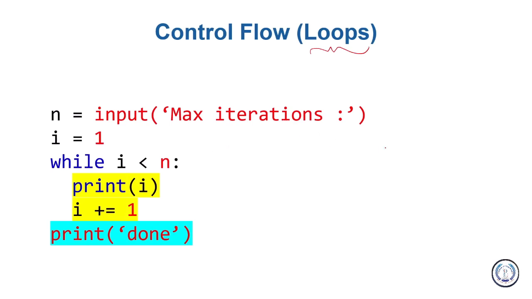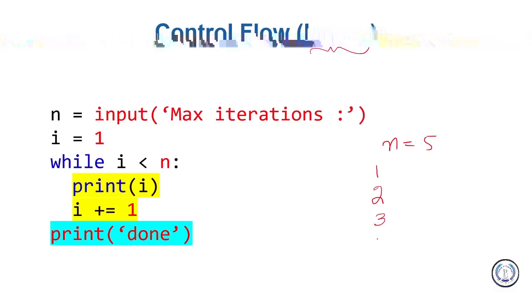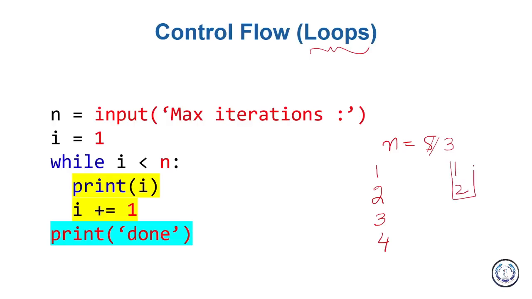So if the user enters 5, your goal is to print 1, then 2, then 3, then 4, and then stop. Or if the user enters 3, you print 1, you print 2, and then you stop.